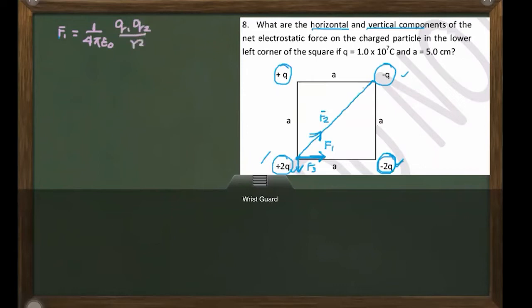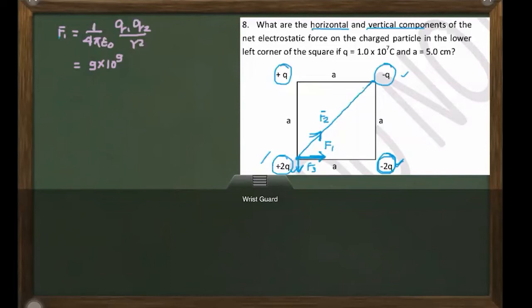As I have told you earlier, you should not take care of sign when you are calculating the magnitude of the force. So I'm going to put the value: 1 by 4 pi epsilon naught is 9 into 10 raised to power 9.